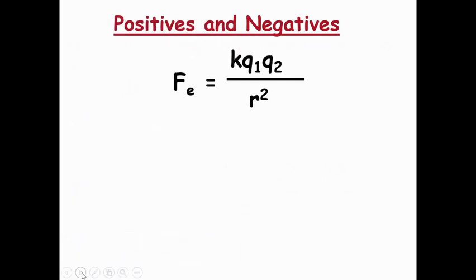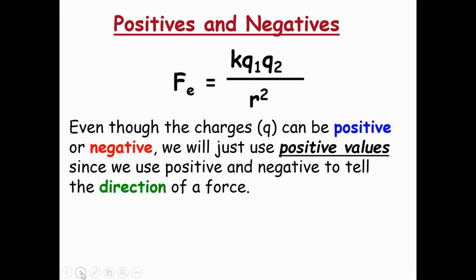To go into a little more detail about why I excluded the negative sign from one of the charges in the last practice problem, let's talk more about positives and negatives and plugging into Coulomb's law. Even though charges can be positive or negative, you're just going to insert positive values into the equation, because a positive or negative would indicate the force's direction, which it's not really doing here.